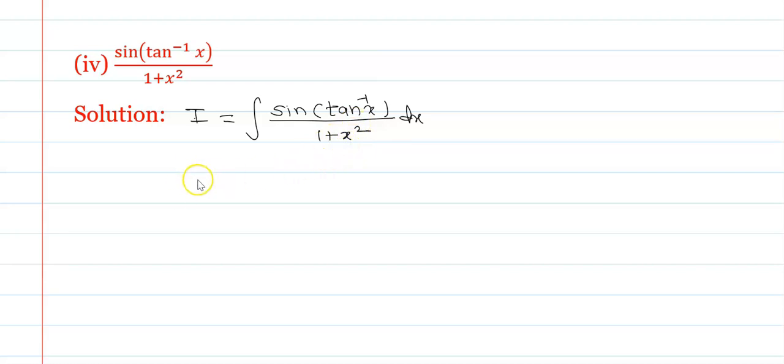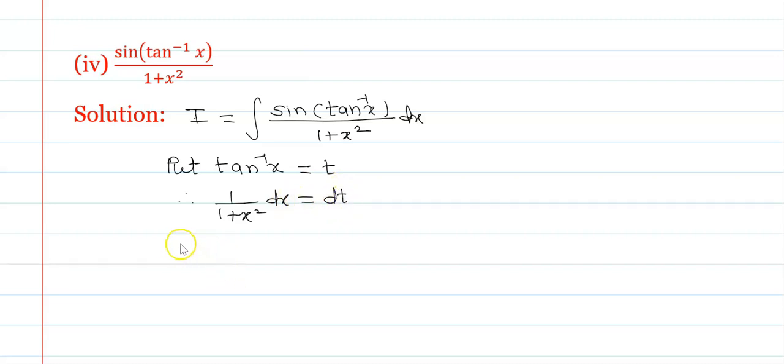And therefore here we will take the substitution. Tan inverse of x is t, and then here you will get only the sine t. See this here. Put tan inverse of x is equal to t, and therefore its derivative is 1 upon 1 plus x square into dx, and that's equal to dt.